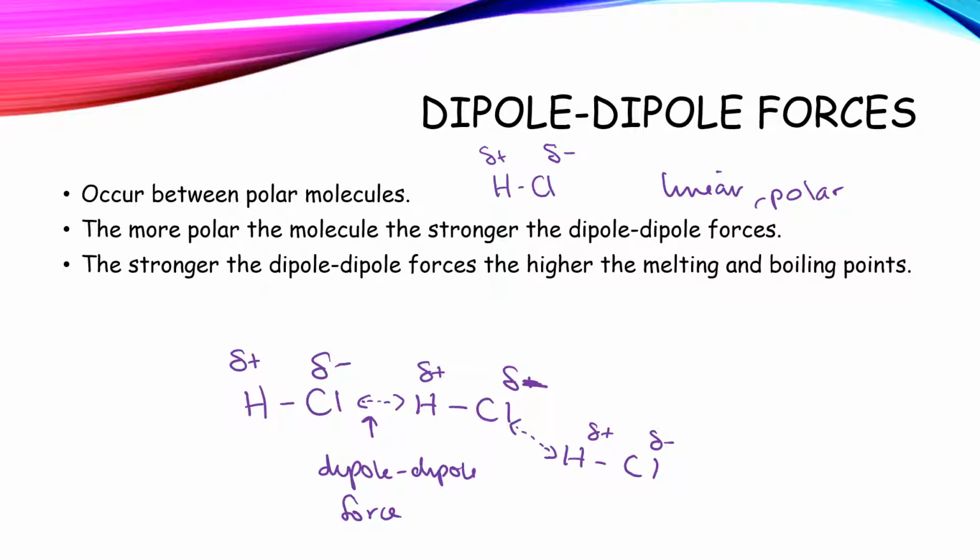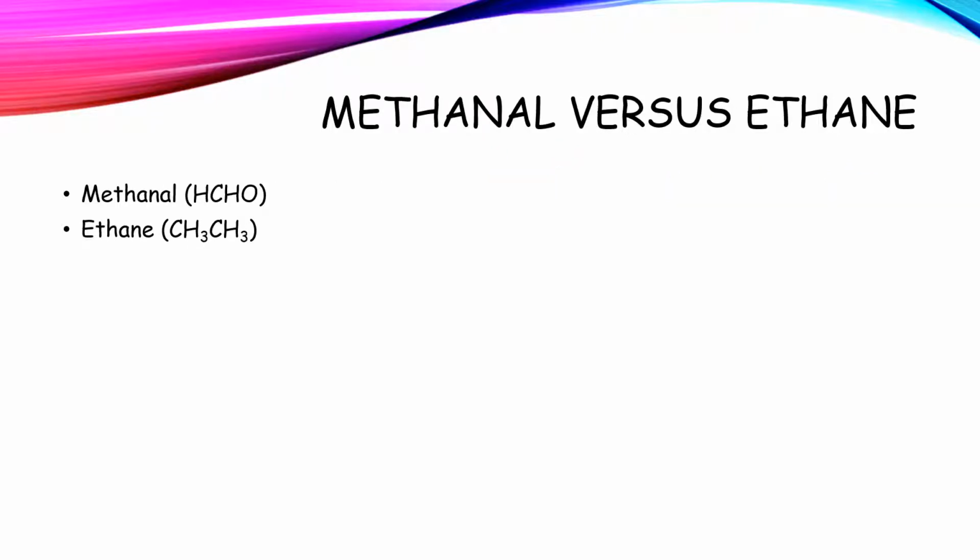The stronger the dipole-dipole forces, the higher the melting points and boiling points. This can be seen with methanol and ethane. Methanol has a molecular mass of approximately 30, and so does ethane. Methanol is a polar molecule and ethane is a non-polar molecule.